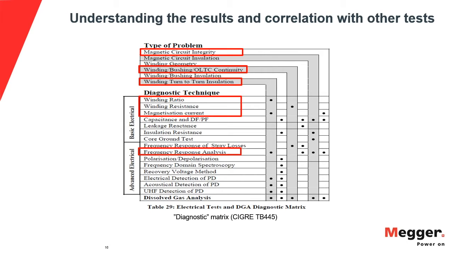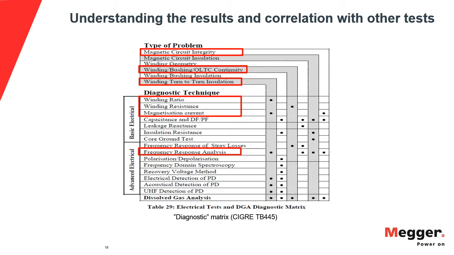If, for example, we have a severe issue with the turn-to-turn insulation in any of the windings of my transformer, and that is bad enough that it is affecting ratio, it would most probably also show up in winding resistance.